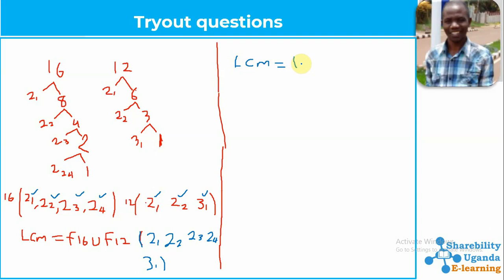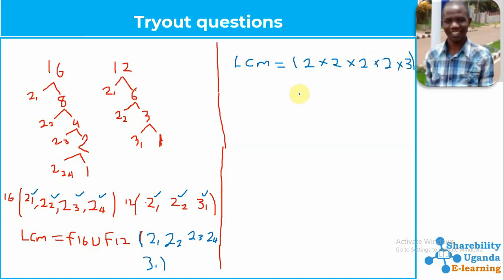So here we shall be having 2 times 2 times 2 times 2, then times our 3.